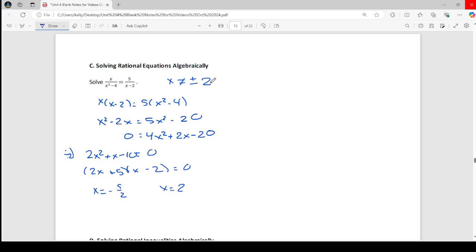Okay, except 2 is one of our restricted values. This one is not restricted. Okay, so there's only one solution, and it's that x equals negative 5 over 2. So this is the importance of solve and check.